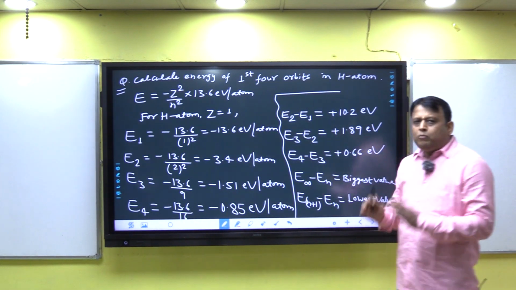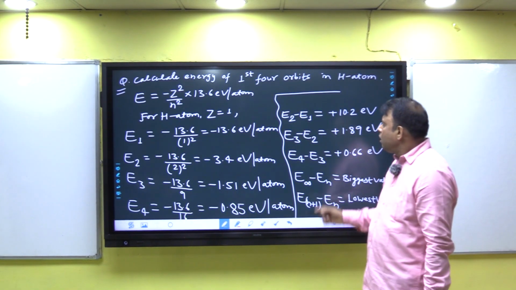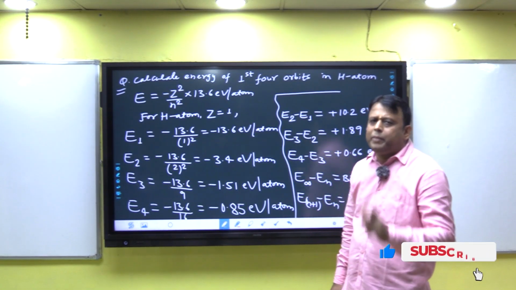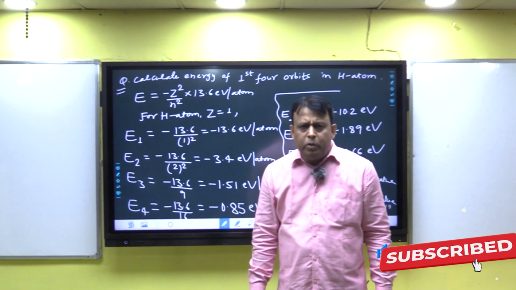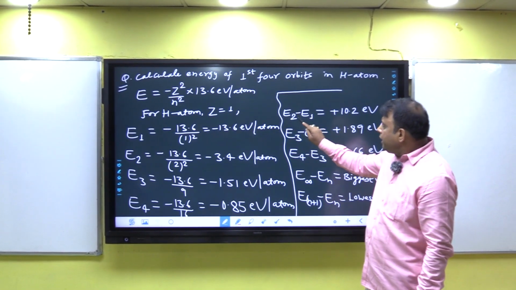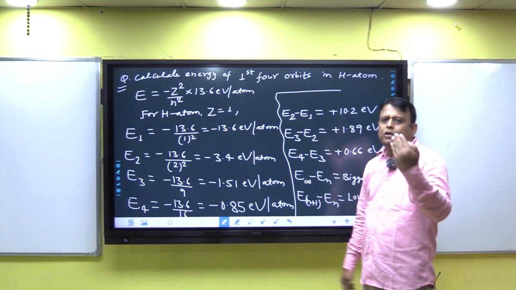Again, a most important term: the energy difference of 2 successive orbits. Listen, E2 minus E1 in the hydrogen atom.